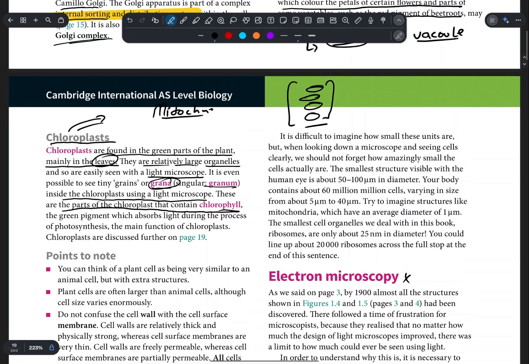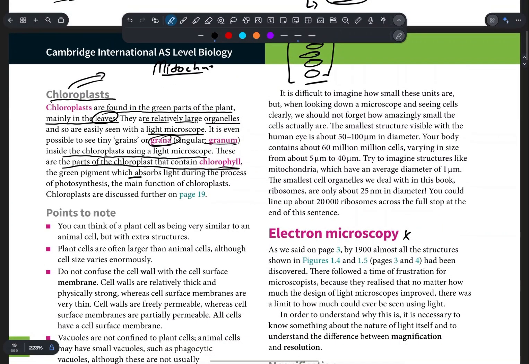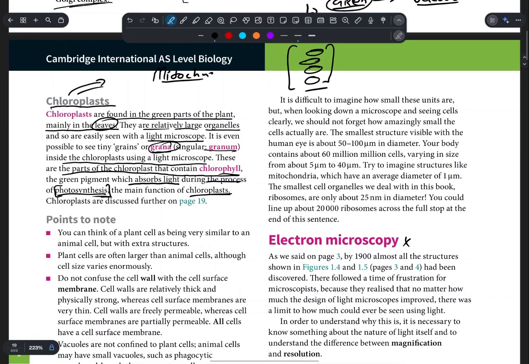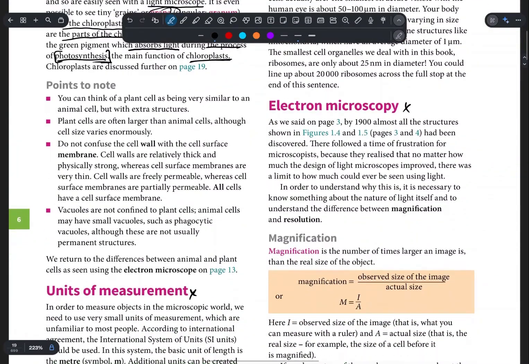and what do they do? They absorb light during the process of photosynthesis, the making of glucose inside a plant body, which is the main function of chloroplast. Points to be noted. First, you can think of a plant cell being very similar to an animal cell but with extra structures. And what are those extra structures?